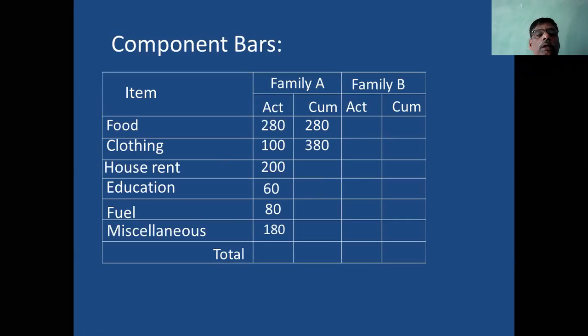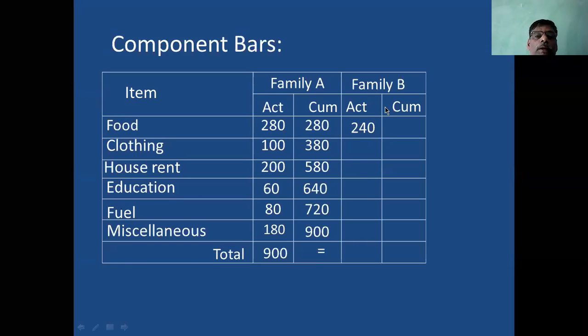280 plus 100, 380. 380 plus 200, 580. 580 plus 60, 640. 640 plus 80, 720. 720 plus 180, 900. Like this, you have to make the cumulative value. Then the total is 900, total is tally.